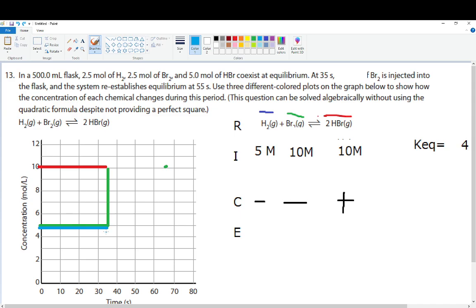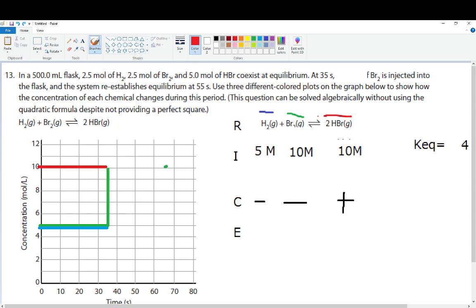So this reactant is going to slide down to a certain amount. This green reactant is going to slide down to a flat line, but the flat line of this one's going to be higher than that one. And this red product is going to go up and curve like that and reach an amount, hopefully on the chart. We don't know where the numbers are going to be. That's what we have to use the RICE tables for. But we know at 35 seconds that this happens.